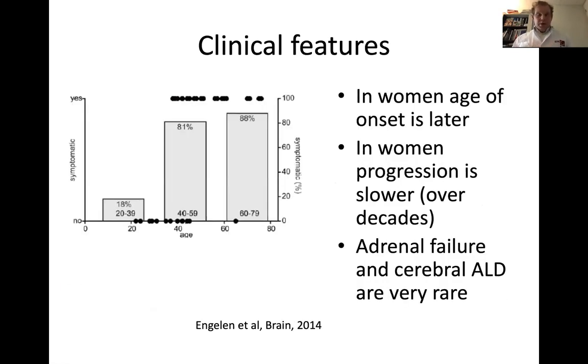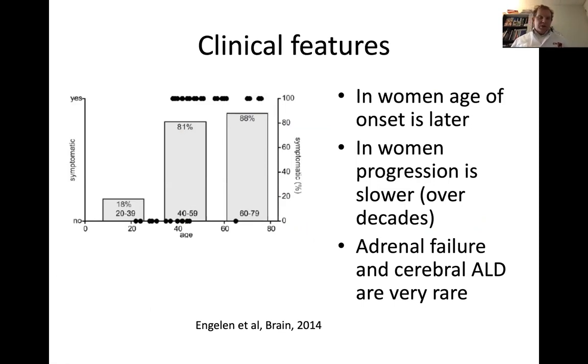So in women, like we discussed, adrenal insufficiency and cerebral ALD, for practical purposes, do not occur, but they do get the myelopathy. But the age of onset is much later. From our cohort study, it's pretty rare to occur before the age of 40.